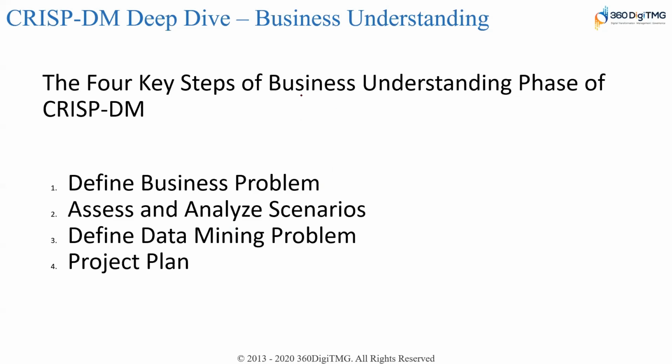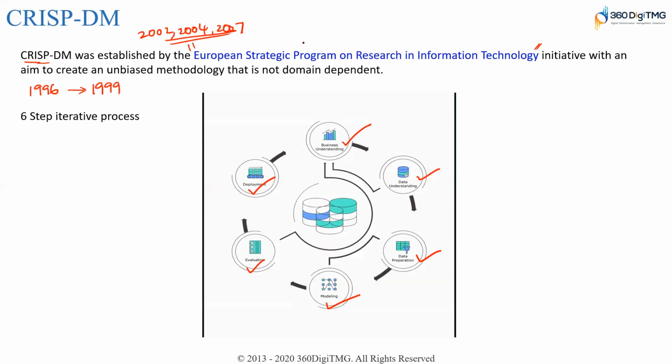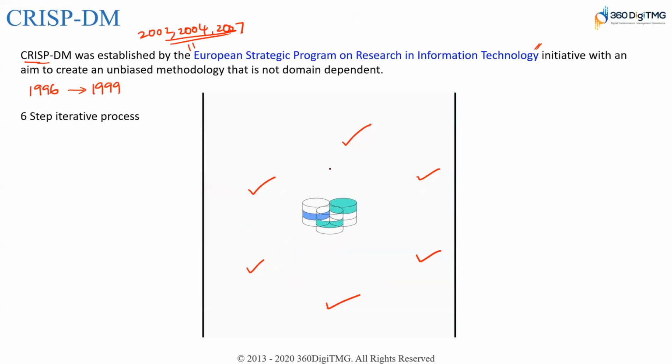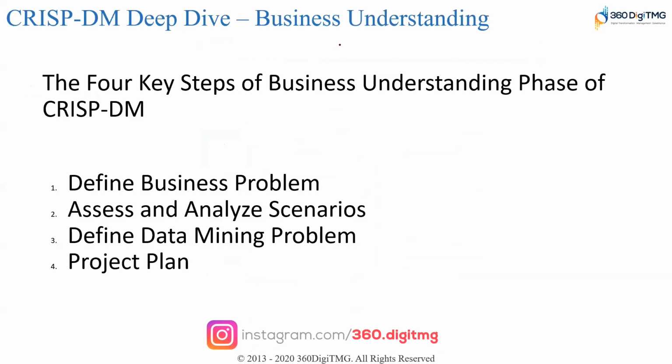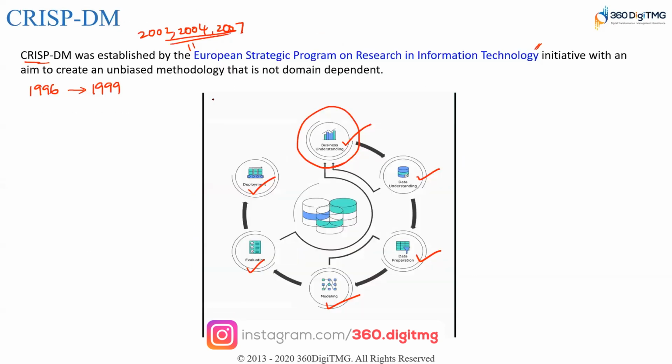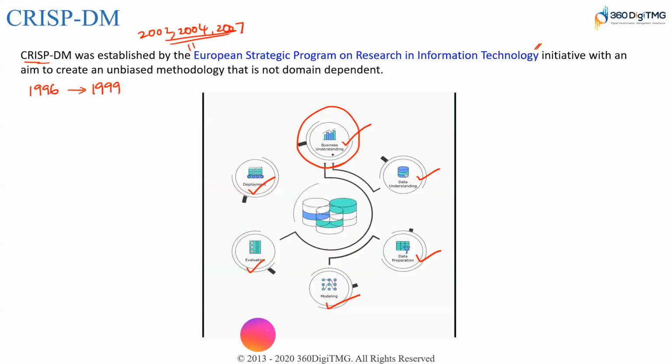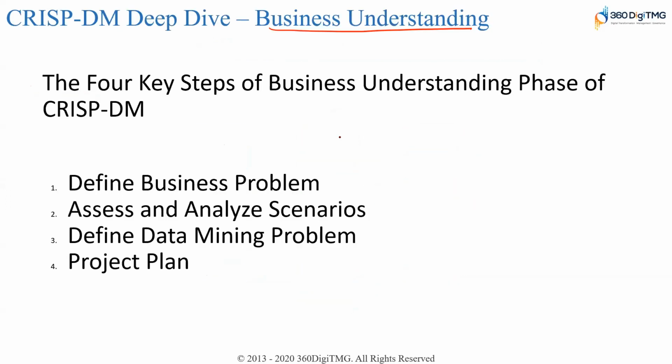It gives you a structure, it gives you a logical flow. Okay, and the first step of your CRISP-DM is business understanding, right? This is the first step. So we'll understand business understanding first. Let's do a deep dive into each of those 6 steps, starting from business understanding.